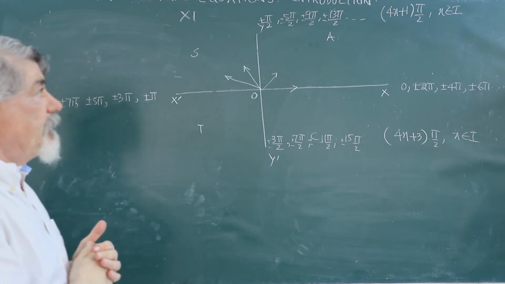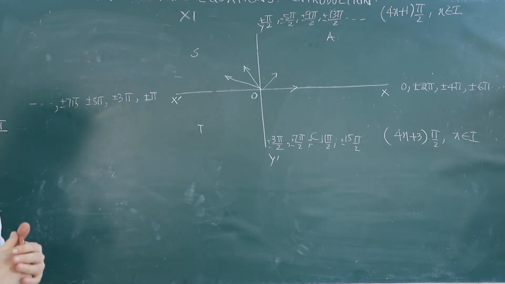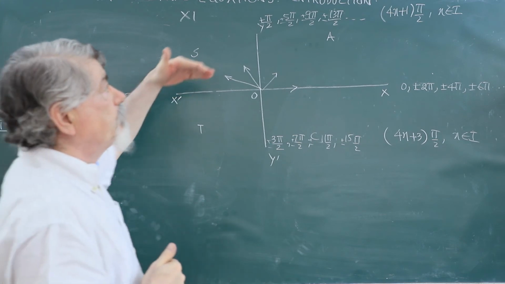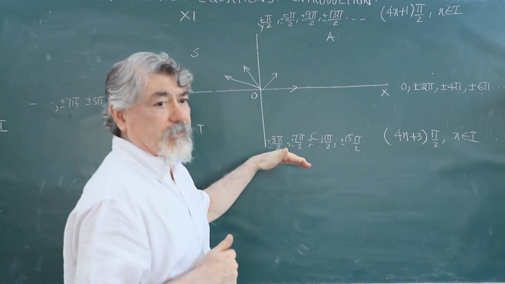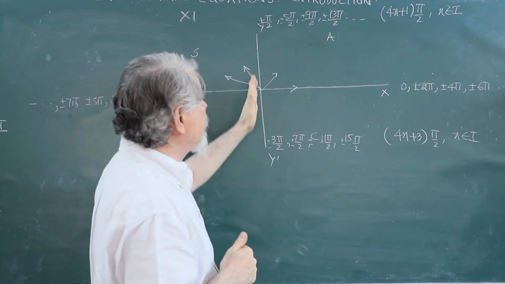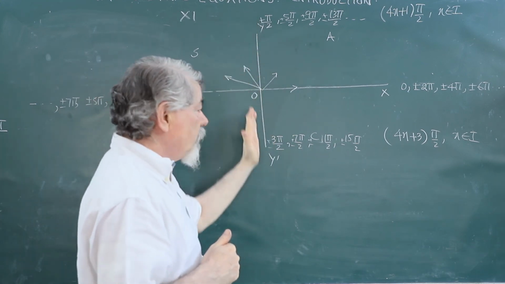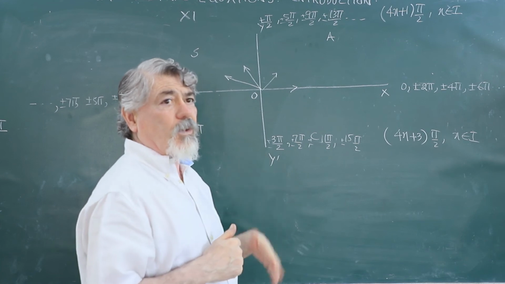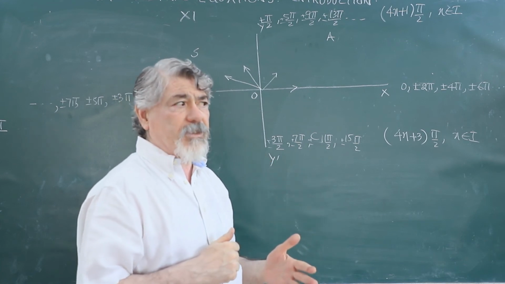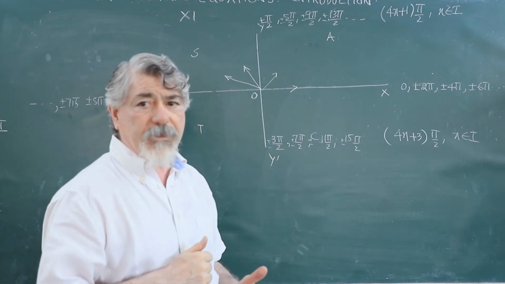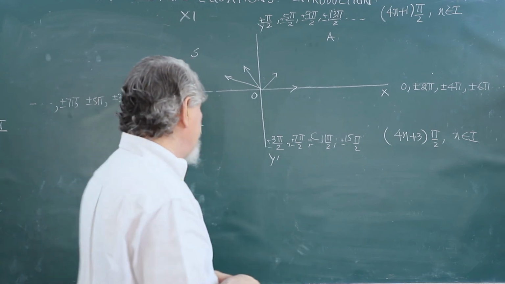4n plus 1 pi by 2, 4n plus 3 pi by 2. That means odd multiples of pi by 2. On this line, on the positive side or on the negative side, cos theta is always 0. Cos of an odd multiple of pi by 2 is always 0.